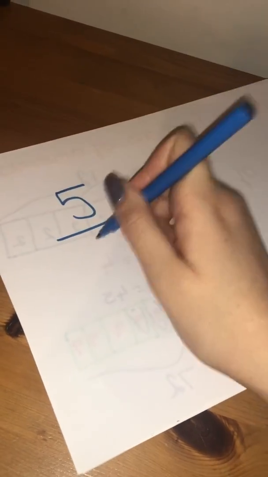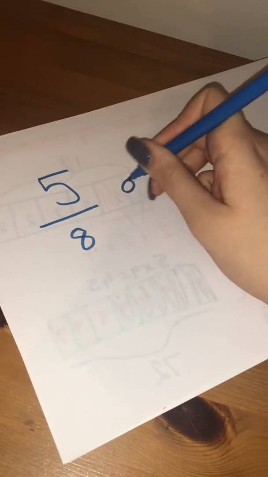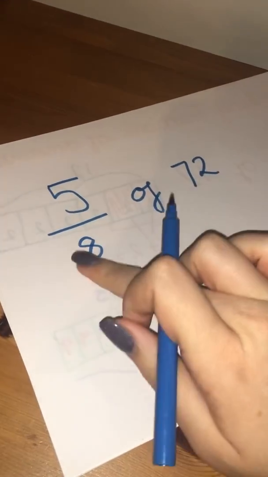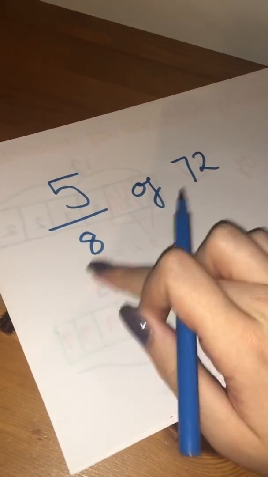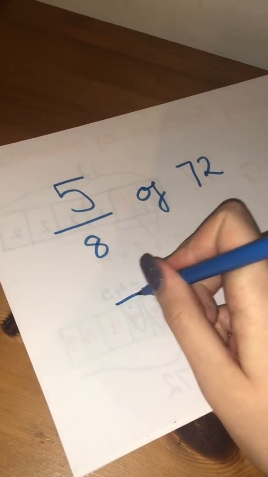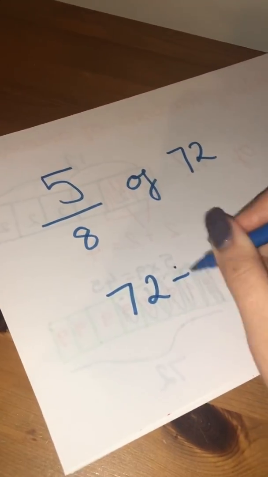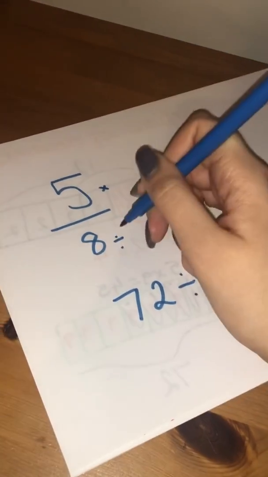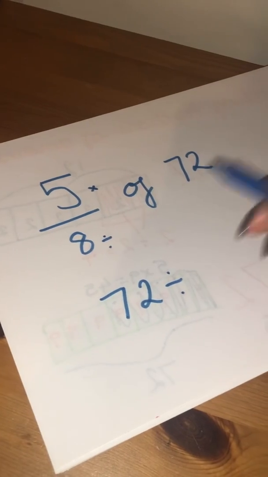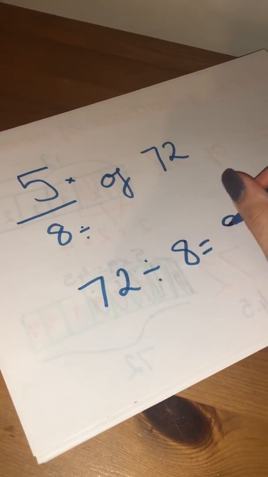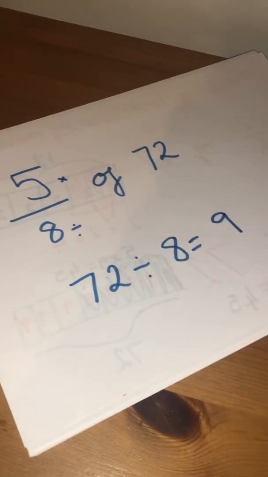Now if I wanted a really easy way to do that, I'm going to go through the same question again to show you how to work it out. 5/8 of 72. I need to make sure I divide by the denominator and multiply by the numerator. So it's 72 divided by 8, which gives me 9. Now I times that by 5.